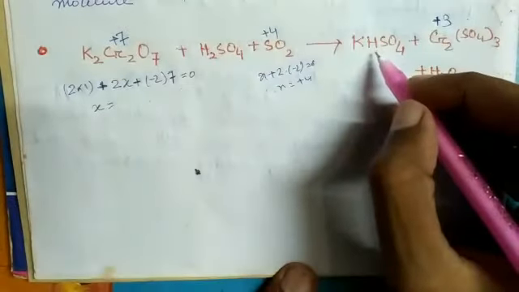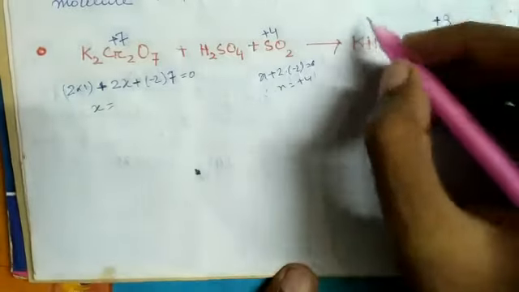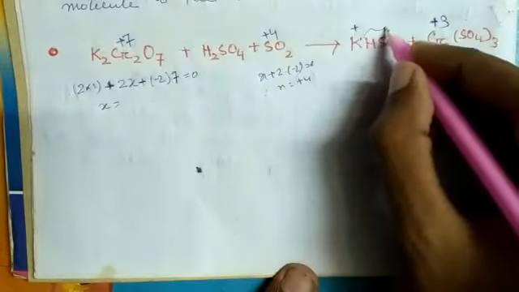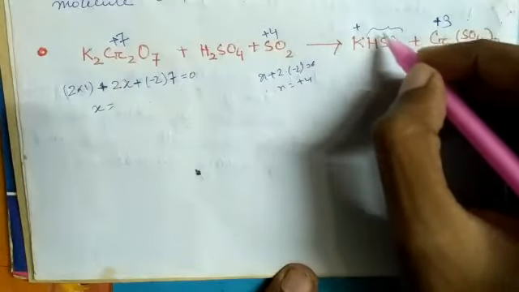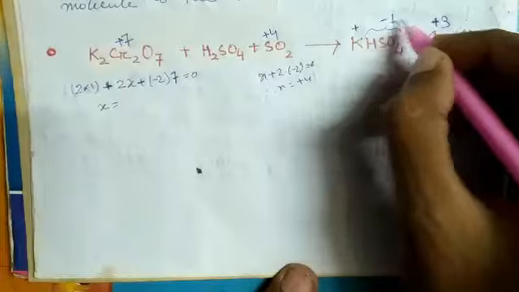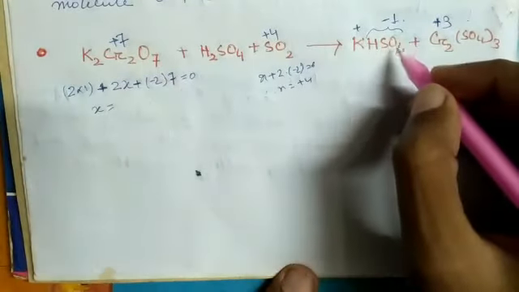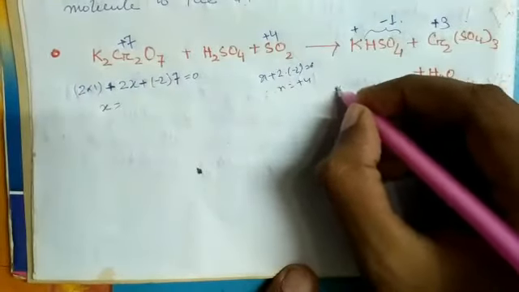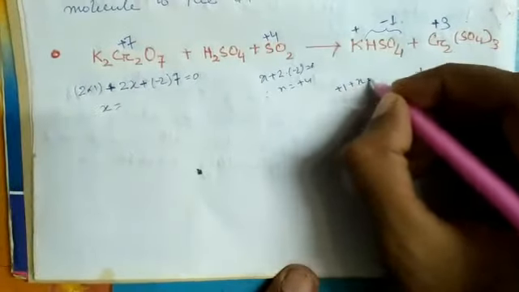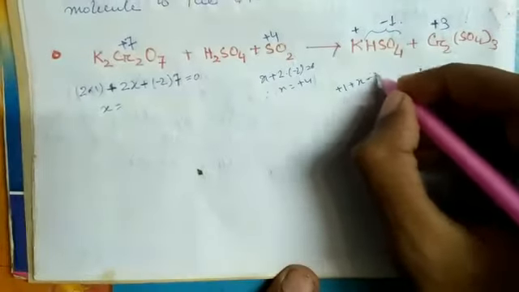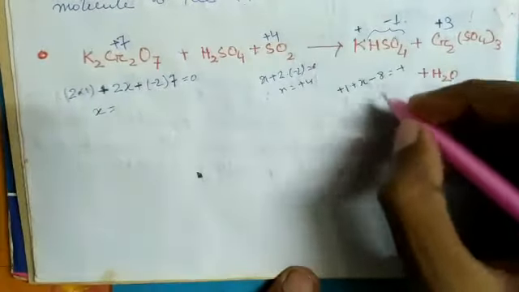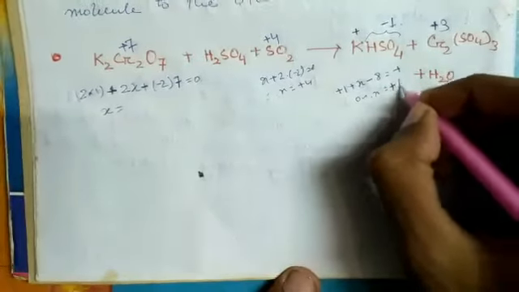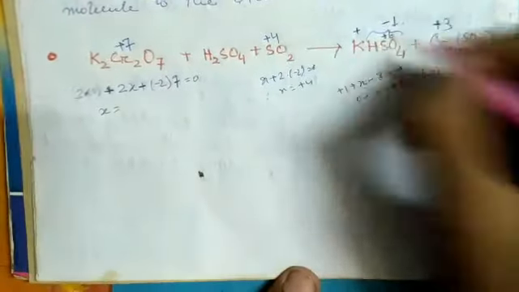And in the bisulfate, potassium has oxidation number plus 1, and this species has the charge -1. So the oxidation number of sulfur will be: hydrogen has oxidation number +1, sulfur is x, and oxygen is -8, equal to -1. That is, x is equal to plus 6. It is here plus 6.